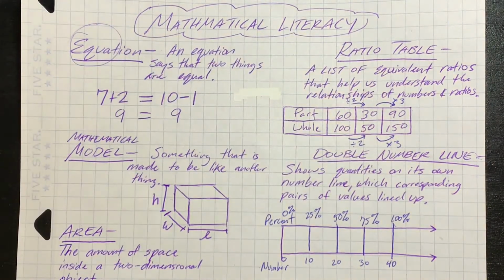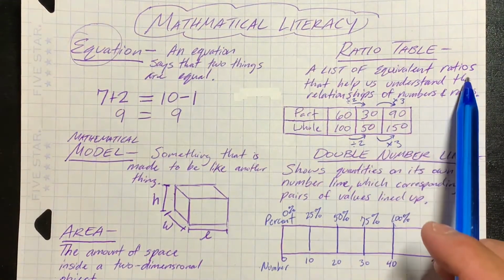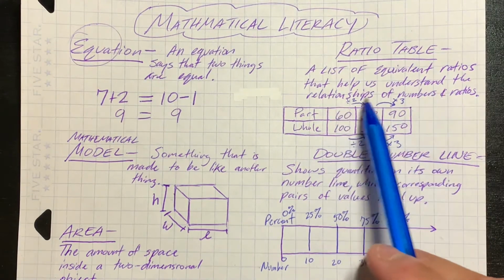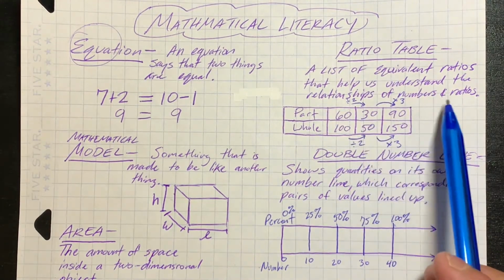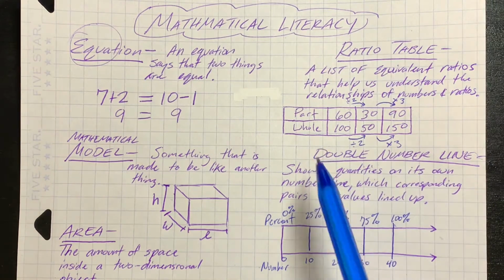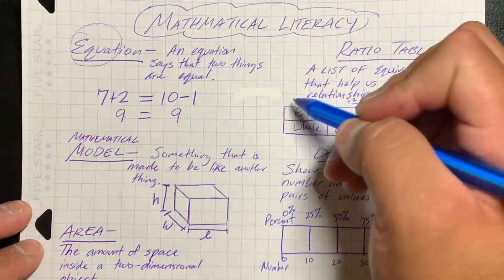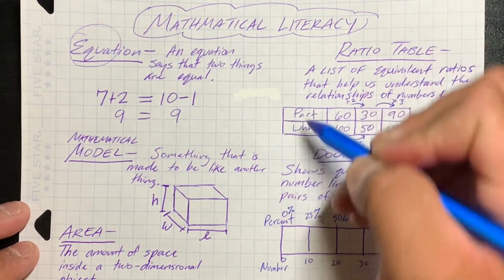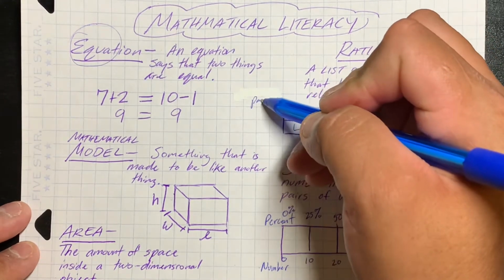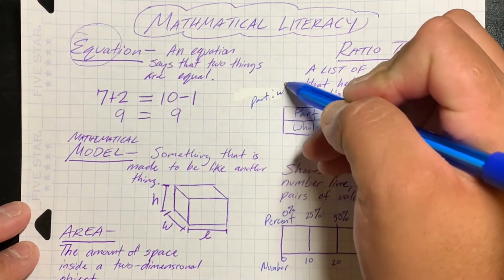Now, a ratio table is a list of equivalent ratios, equal ratios, that help us understand the relationships of numbers and ratios. We have the part to the whole.